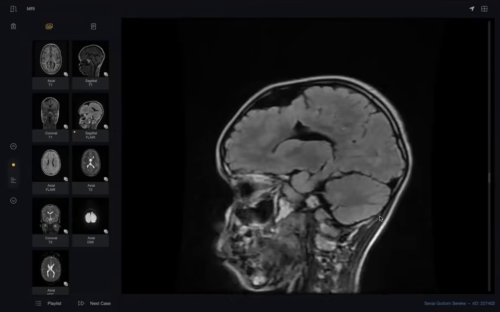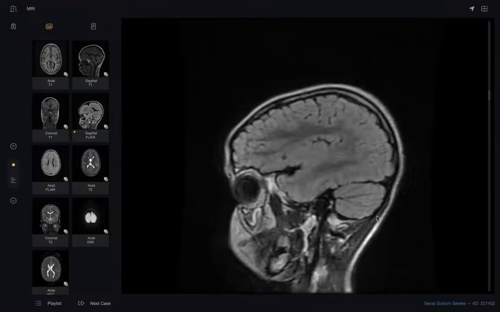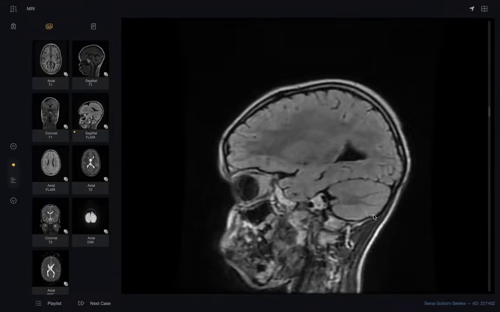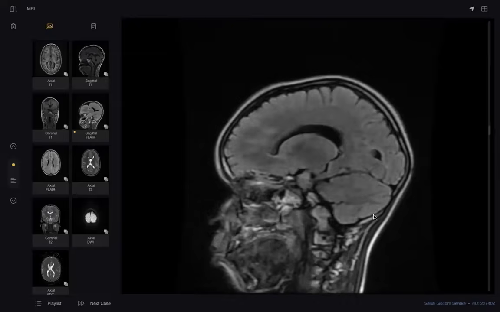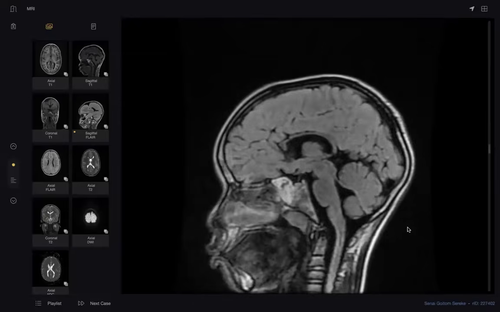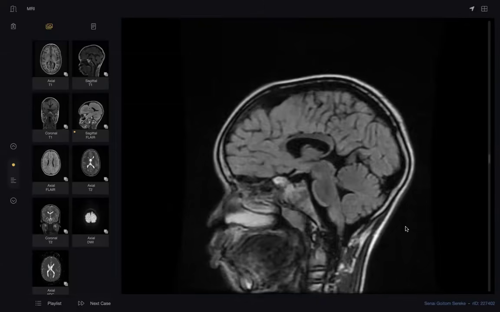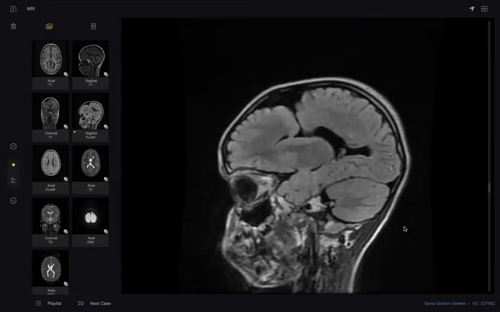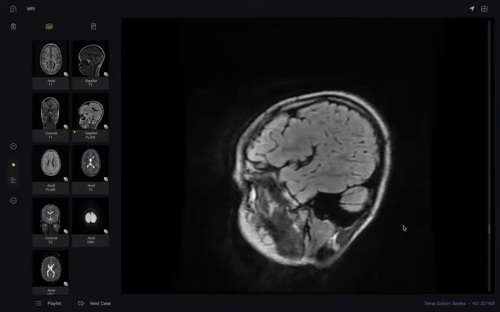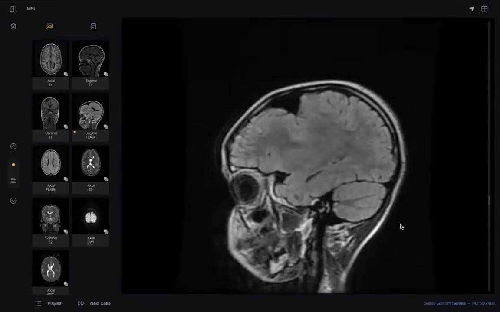Coming to the optic nerve, although T2 weighted image would be preferred, I think optic nerves are relatively smaller in caliber. I will also look for some other areas of heterotopia or neuronal migrational abnormalities.